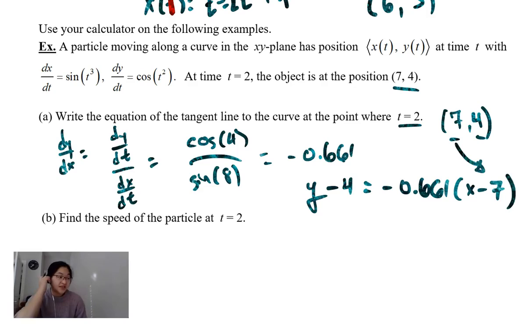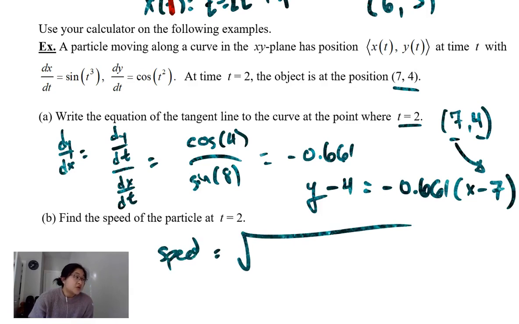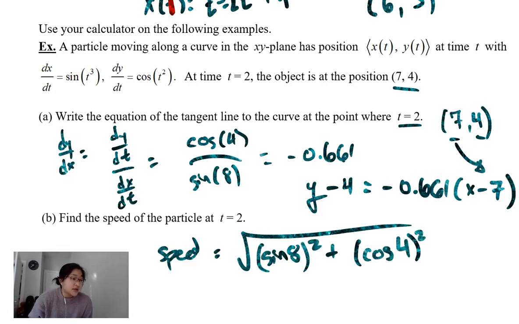How are you going to find the speed at time t equals 2? Speed is going to come from the magnitude of your velocity. So that's at time t equals 2. That was cosine of 4, sine of 8, and then square that, and square the other, and that's going to give you a number, and that number is probably 1.186 stuff.